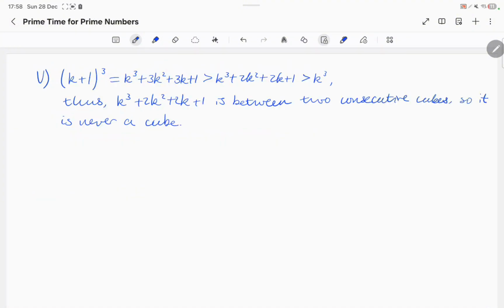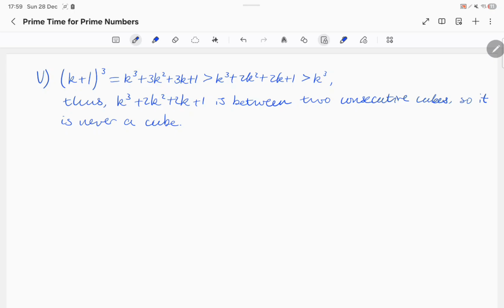Now let's complete part 5. Firstly, we're going to look at k^3 + 2k^2 + 2k + 1, and we're going to see that it looks suspiciously close to (k + 1)^3. That is equal to k^3 + 3k^2 + 3k + 1, and because k is a positive integer, this is larger than our expression.